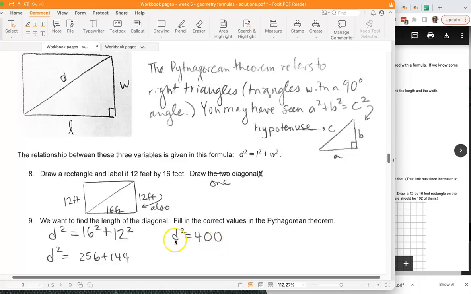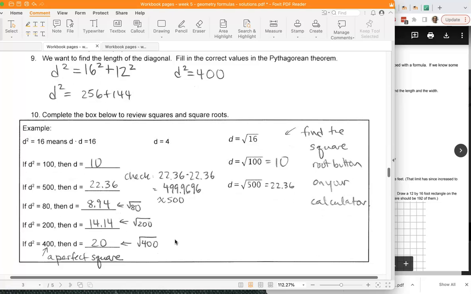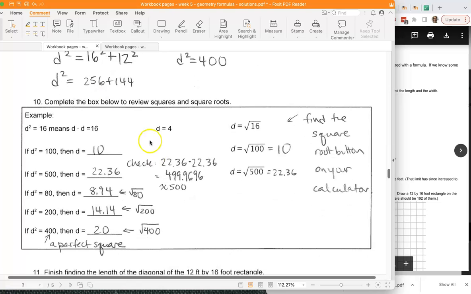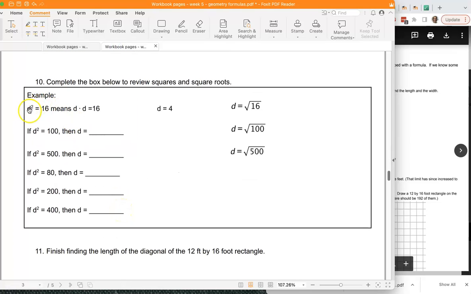So you may already know what d is, but let's just go on a little sidetrack to review squares and square roots. D squared equals 16 means that d times d is 16, so d would have to be 4.